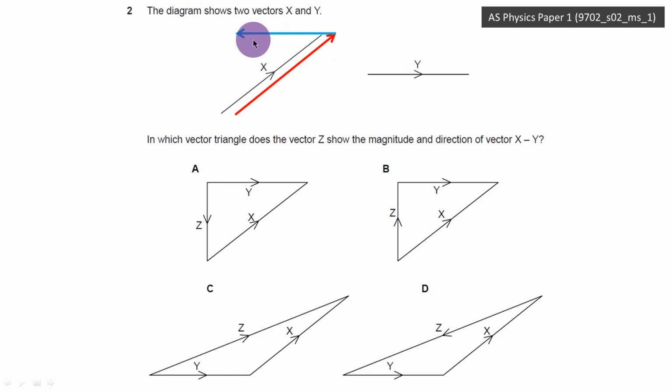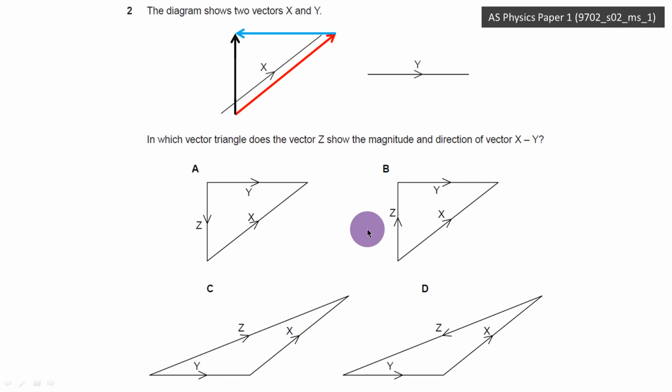Notice that vector minus y is pointing in the opposite direction to the direction y is pointing. And therefore we are going to draw a line from the first tail to the last head, like this. So this becomes vector z. This is where we started, this is where we stopped.